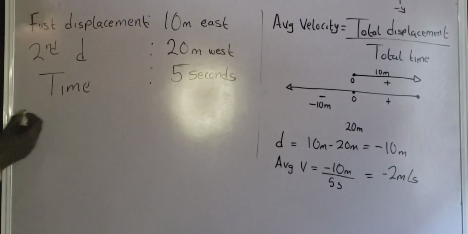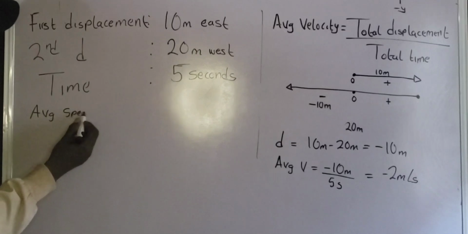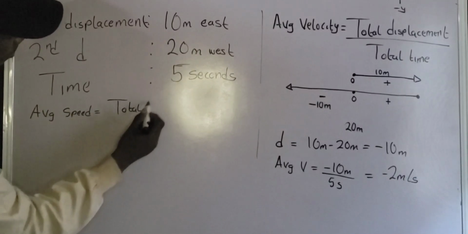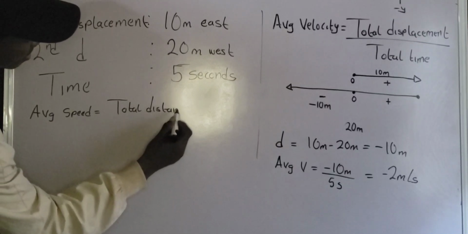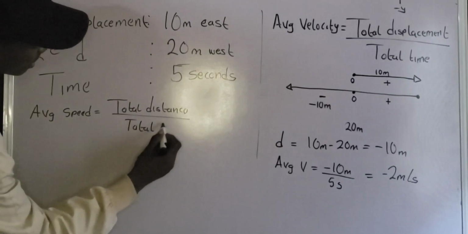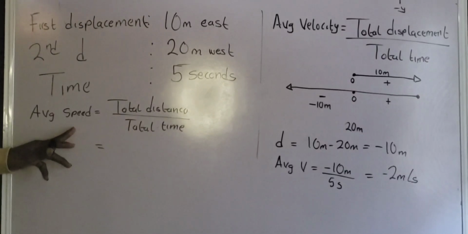Don't forget that the formula for average speed is equal to the total distance all over the total time taken. Okay, the total distance all over the total time taken. So now the average speed is total distance.